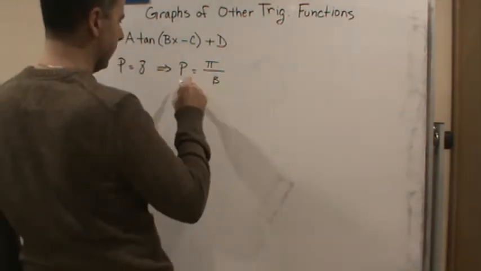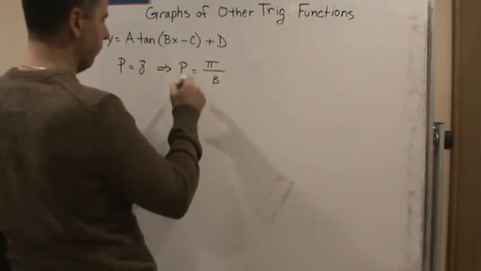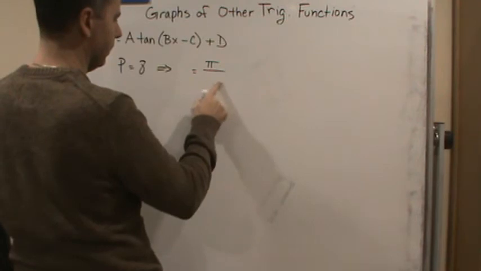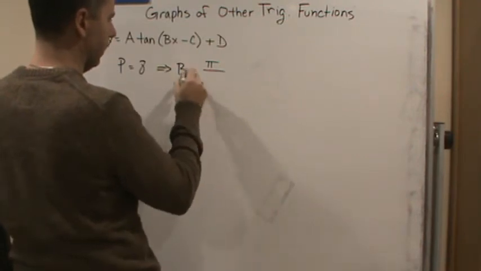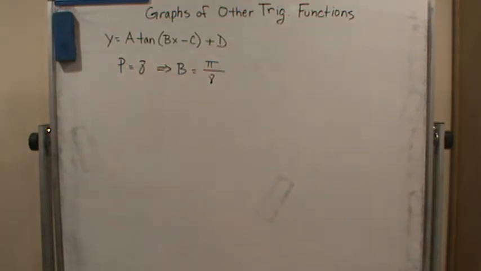So that means that b is going to equal pi over 8. Okay? Simple enough.